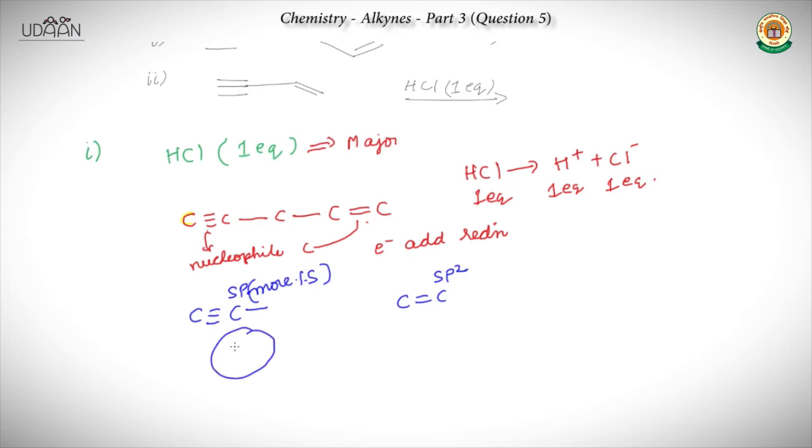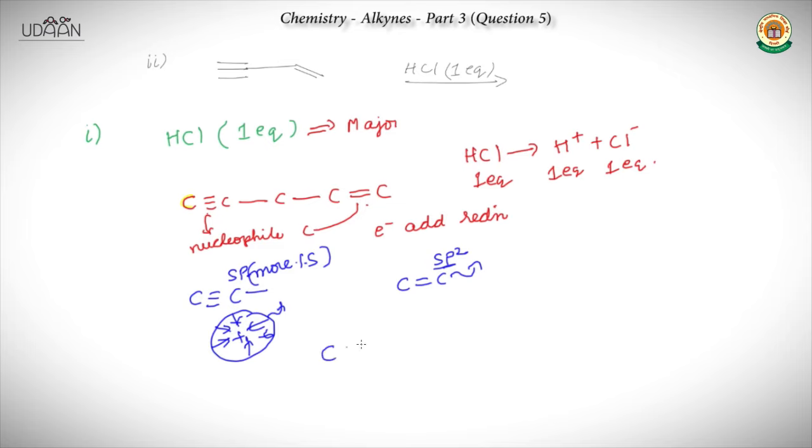That is, if this is a nucleus, it exerts a strong electron pull towards the electrons, so it cannot easily lose the electrons. But if you take sp2 hybridization, the electron pull won't be much stronger. So compared to C triple bond C, C double bond C can donate electrons more easily. So H plus attacks the C double bond C rather than the C triple bond C.